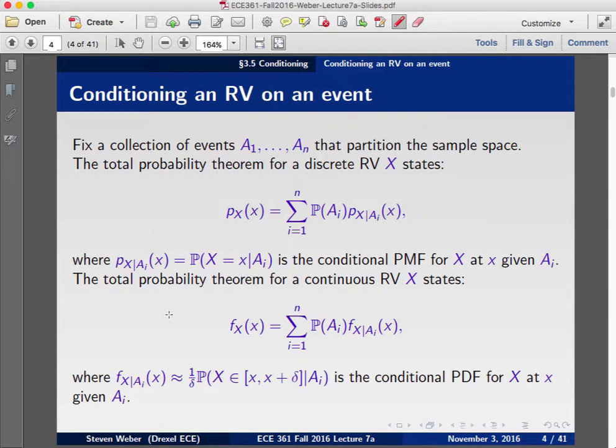Okay, so then in the case of continuous random variables, the exactly analogous concept holds.